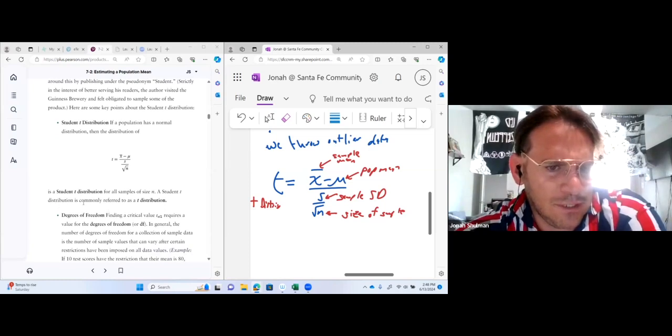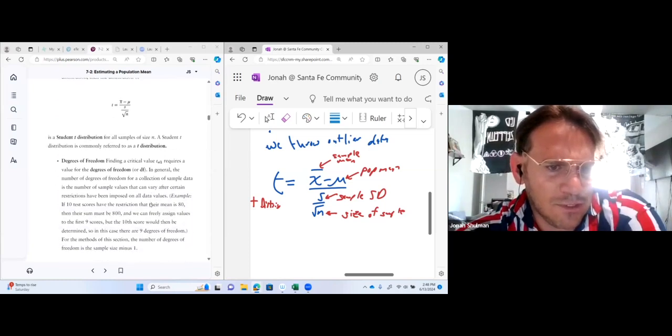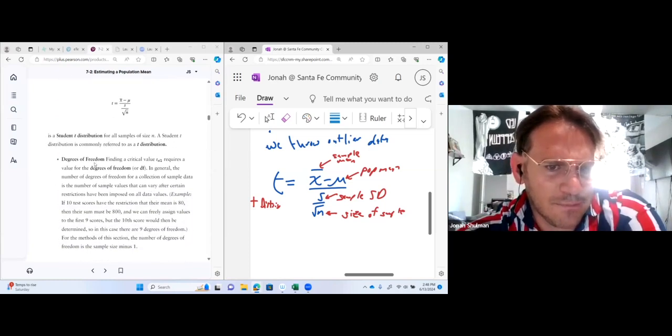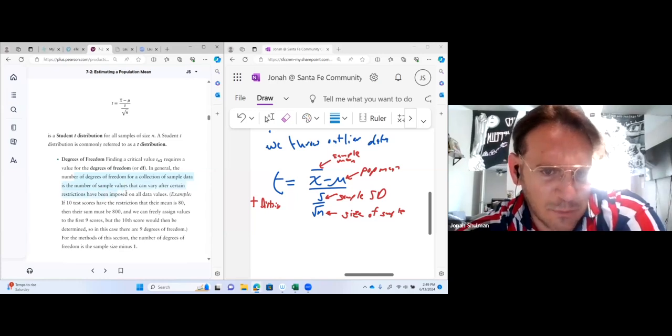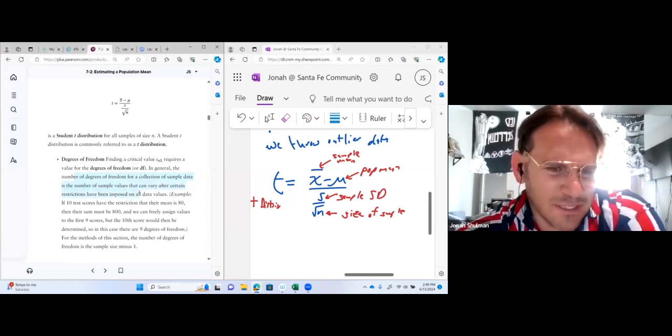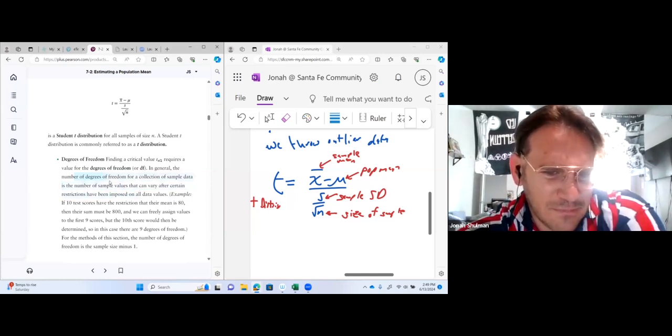A student t-distribution has degrees of freedom. In general, the number of degrees is usually N minus 1. It's the number of values that can vary after certain restrictions have been imposed. It's a really good definition for degrees of freedom: the number of sample values that can vary after certain restrictions have been imposed on a data variable. If 10 test scores have a restriction that the mean is 80, their sum must be 800.